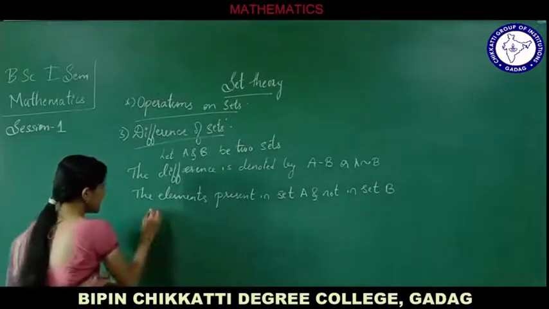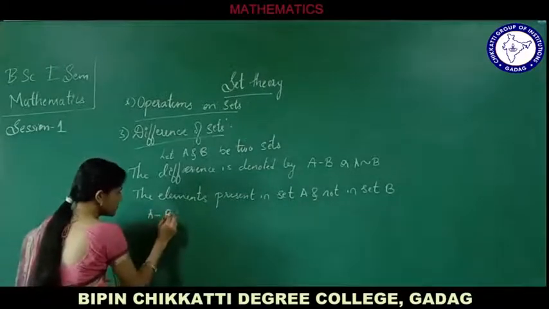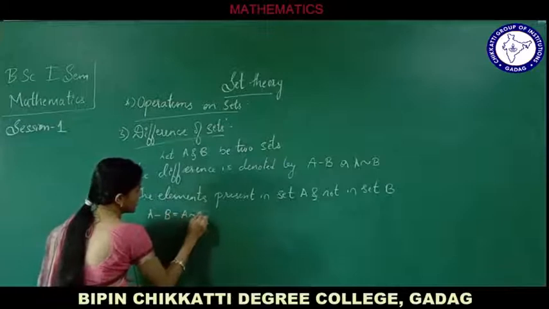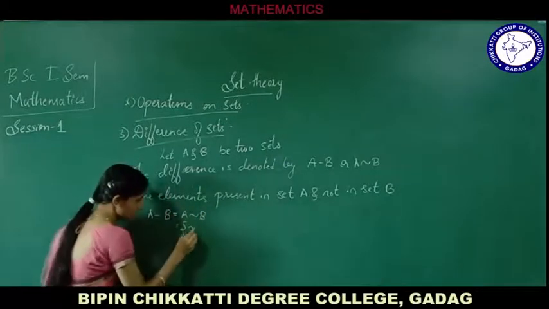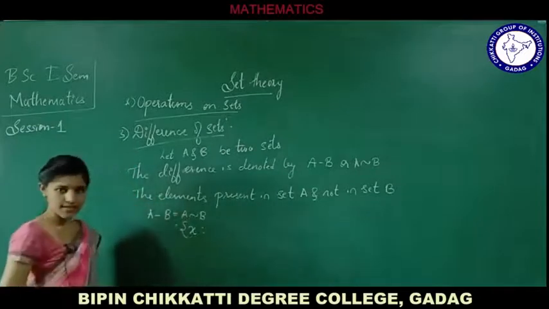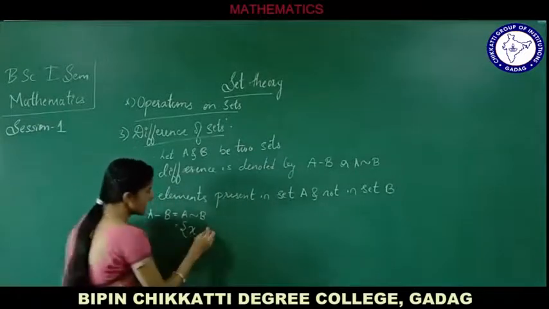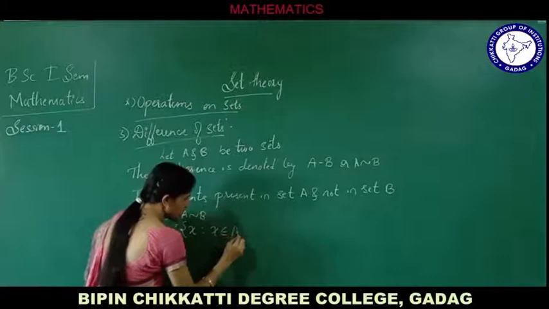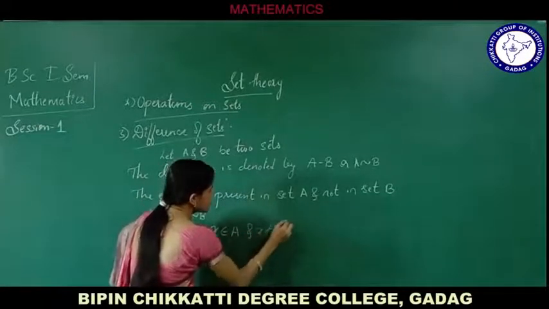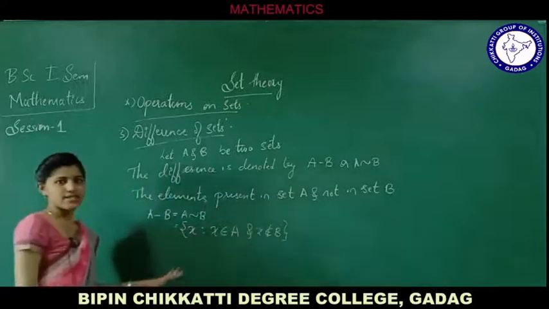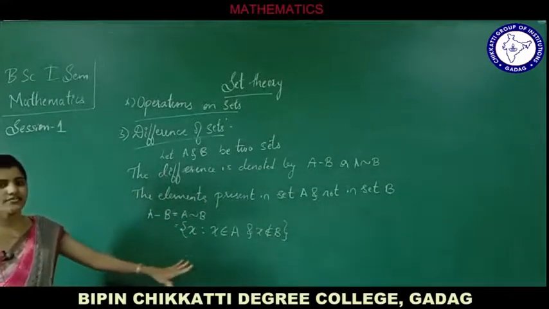That is, A minus B, or A difference B, is defined as a set of X such that X belongs to A and X does not belong to B. Such a set is called the difference of sets.